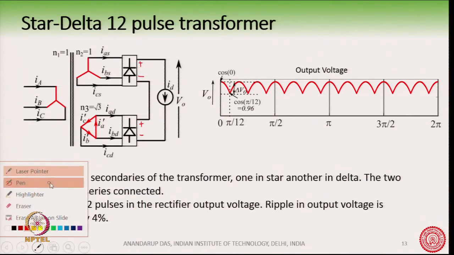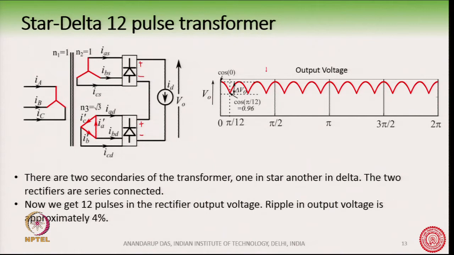The width of one lobe is 30 degrees, which is 360 degrees divided by 12. If the peak is 1, then this value will be cos of 15 degrees, or cos π/12, which is 0.96.